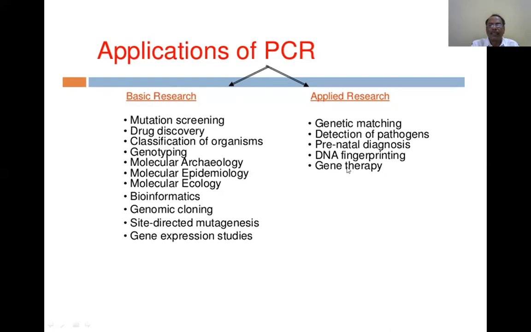And the last one is gene therapy. The most promising one, the most costly one, is gene therapy, for genetic diseases which we have so far been unable to treat. We used to brand them, and we used to say, we are sorry, you have to live with this problem.